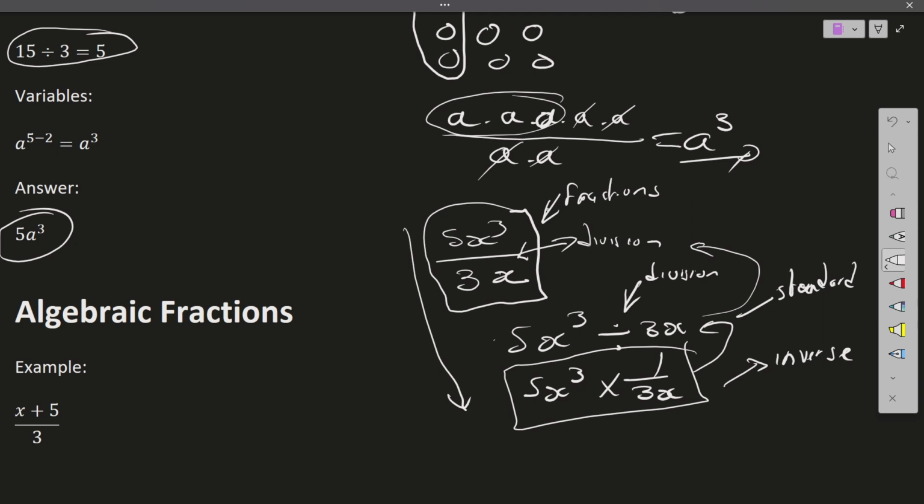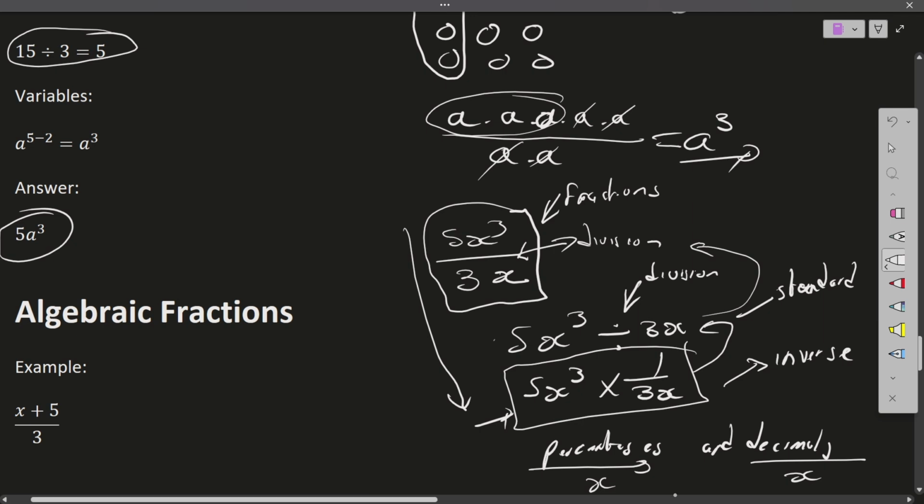Okay, so we will end here, but of course we will touch on percentages and decimals, because they may be one and the same thing. In decimals and also in percentages you can involve the letters, the x's, which represent unknown numbers.